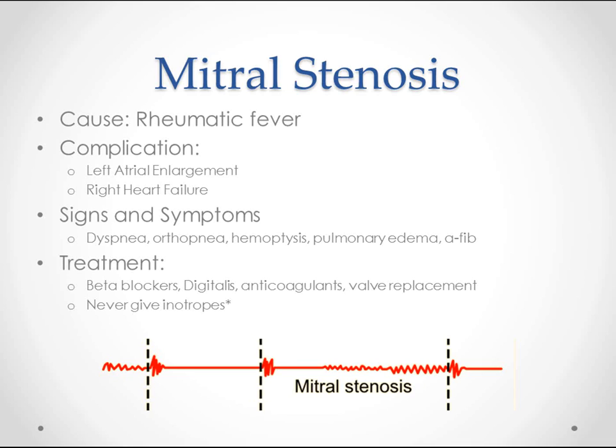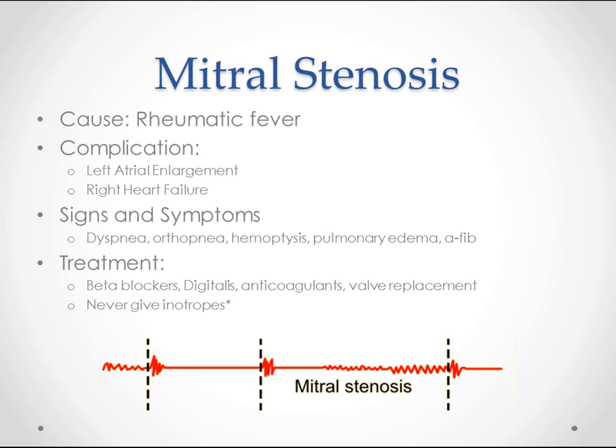So we've got the right heart pumping blood through the lungs and into that left atrium, and it's not getting into the left ventricle as quickly as it should. So following that same logic, you get right heart failure because the right heart is having to work harder in order to get the blood where it needs to go.